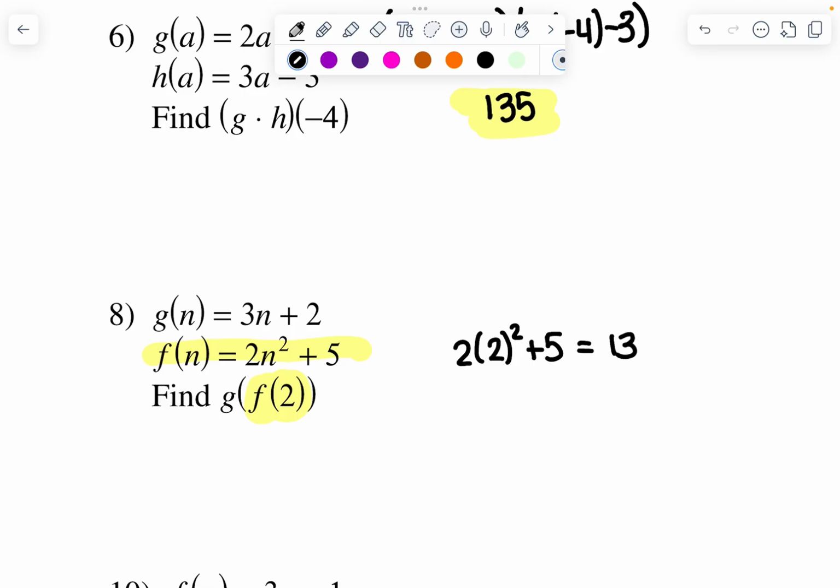So now we're going to solve g of 13. So that would be 3 times 13 plus 2. And you should get 41.